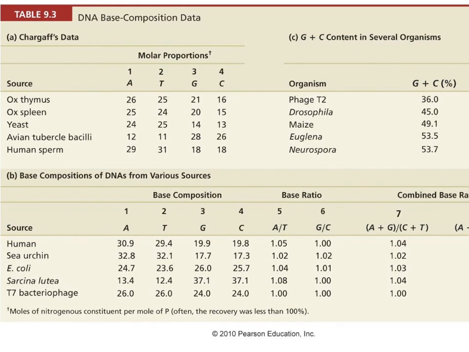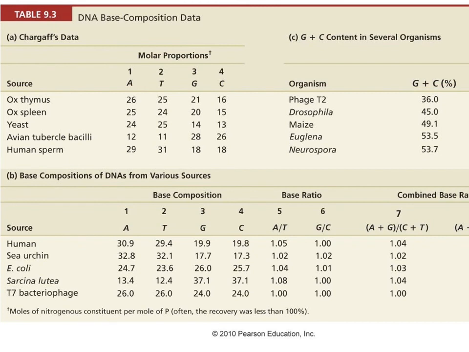But look at column 7, okay? There's a big difference between A plus G over C plus T, okay? That ratio should be about 1, and it is. There's a huge difference between that and what is in column 8, which you can't actually see here.